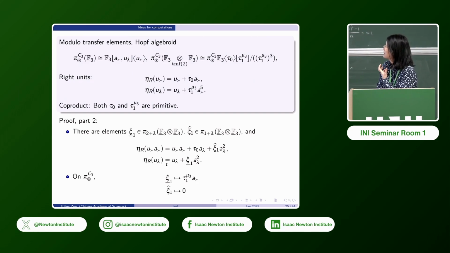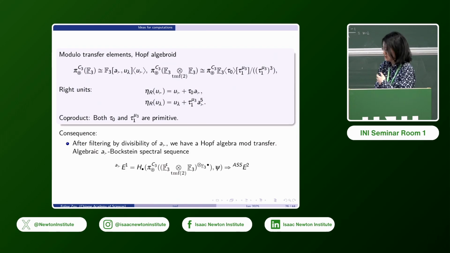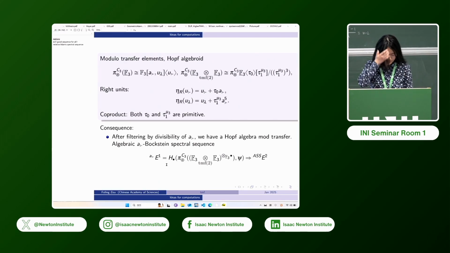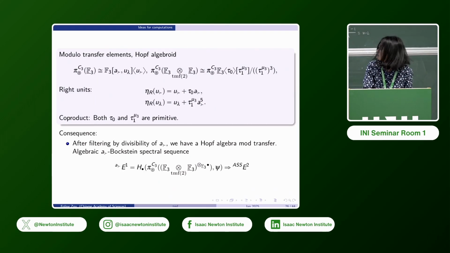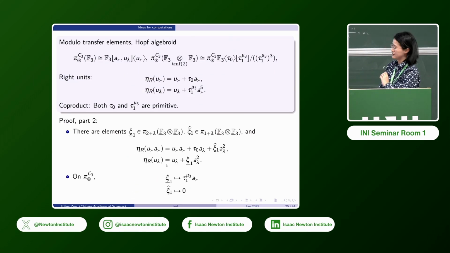And we deduced that the map on the previous page sends these elements in the Steenrod algebra to these elements in the relative Steenrod algebra. So you can plug this in the formula and deduce these eta R formulas. And similarly, you deduce this coproduct using the coproduct known in the Steenrod algebra.